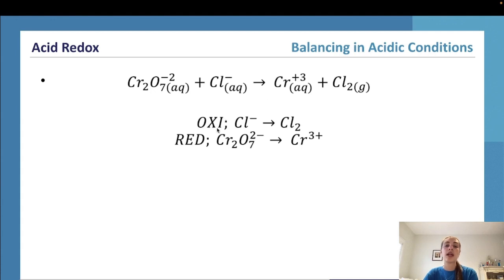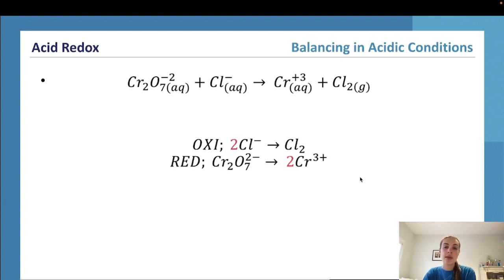So we've got our oxidation reaction and our reduction reaction. Now we need to balance them. On this side of the reaction we've got 1 chlorine, and on this side we've got 2 chlorines, so we need to balance for those. We're balancing for everything except oxygen and hydrogen. So we balance for chlorine, and that's done for the oxidation reaction.